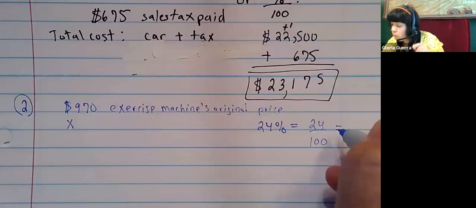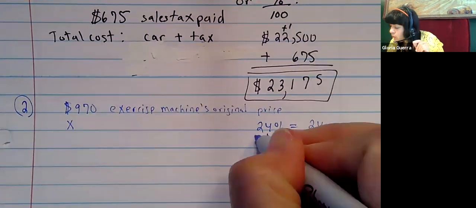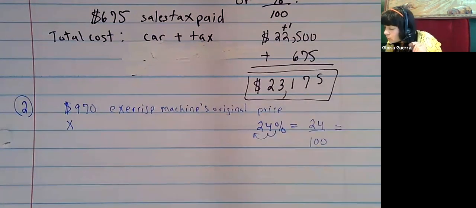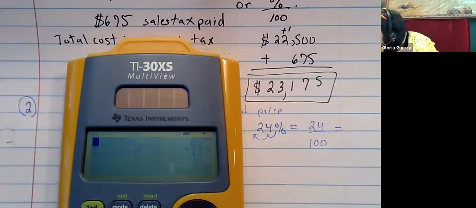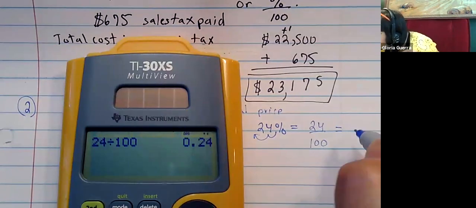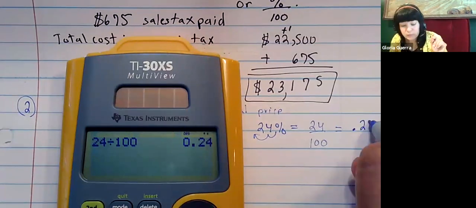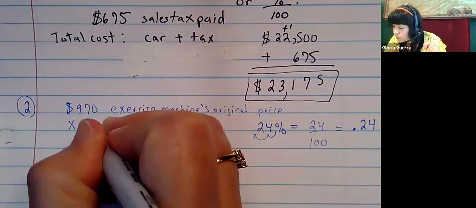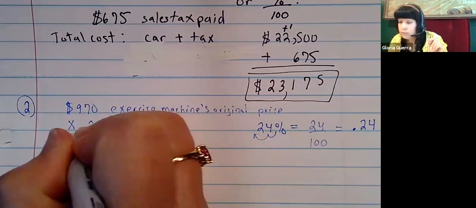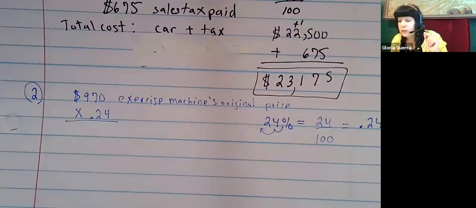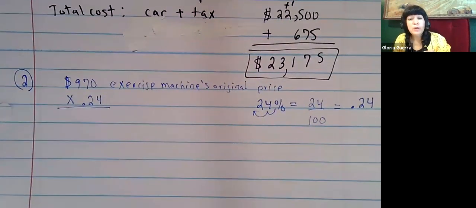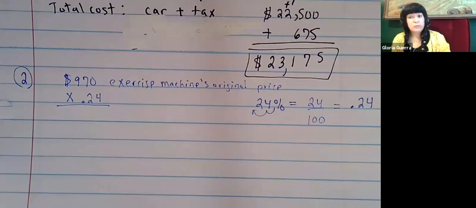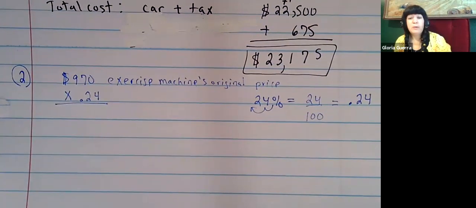So you either move your decimal 2 places to the left manually, or you use your calculator and you say 24 divided by 100, which is 0.24, your discount rate. So you want to multiply 970 times 0.24. Okay. So again, I'm going to show you how to do this manually, just to make sure you know how to do this manually, but we are allowed to use our calculator.